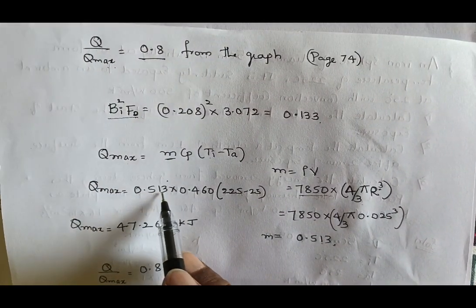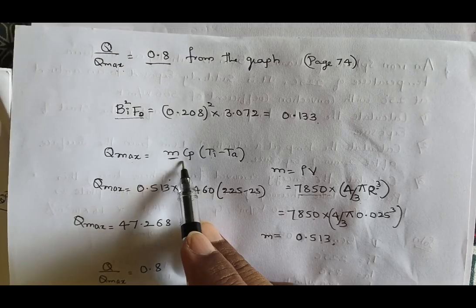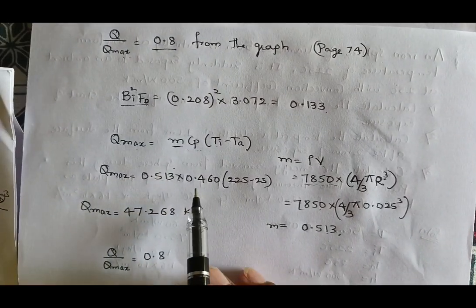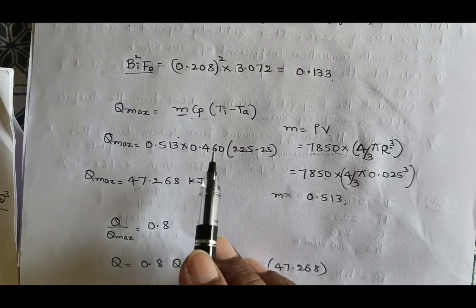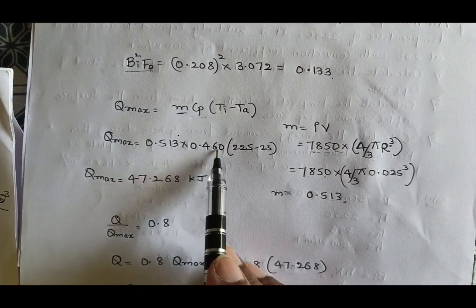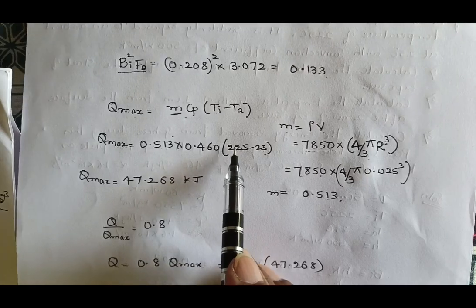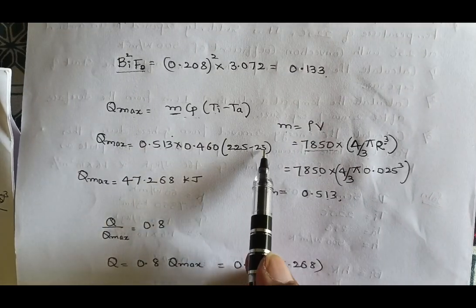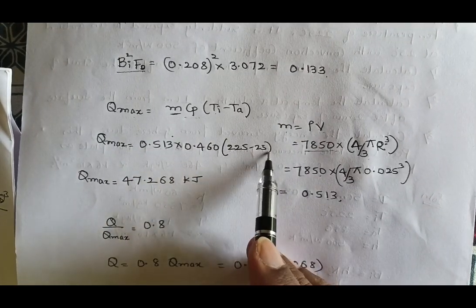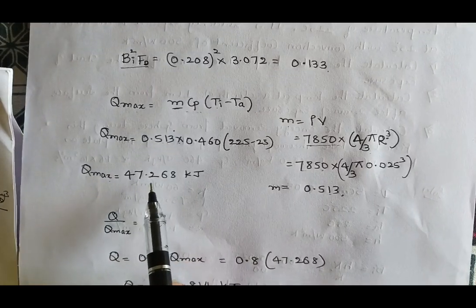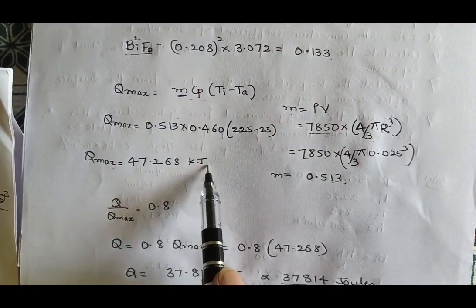So Q, we will substitute this value here. M is 0.513. So this Cp, specific heat, in the problem he has given in joules per kg Kelvin. So I have substituted directly in kilojoules per kg Kelvin. So I have written here 0.460, the initial temperature minus ambient temperature, 225 minus 25. So if we calculate this, Q maximum value will be 47.268 kilojoules.